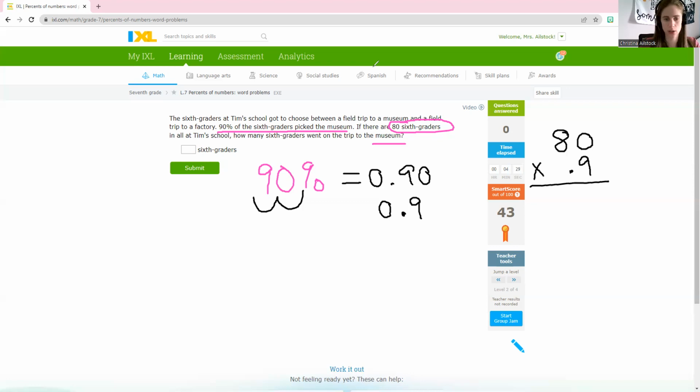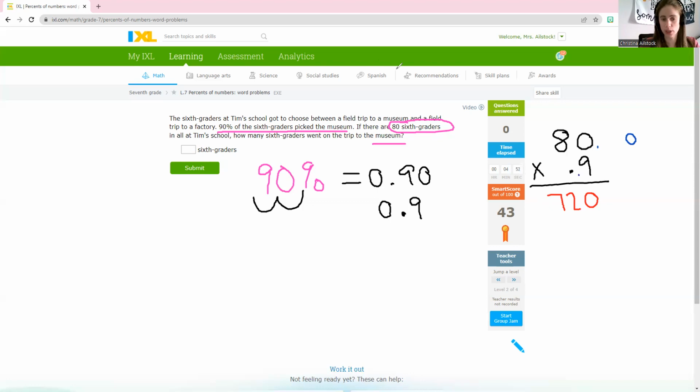So 9 times 0 is 0, and then 9 times 8 is 72. No other digits, so we don't need to do any more multiplication, which means we're ready for that decimal point. And our first number here, the 80, we don't have any numbers that are to the right of our decimal point.